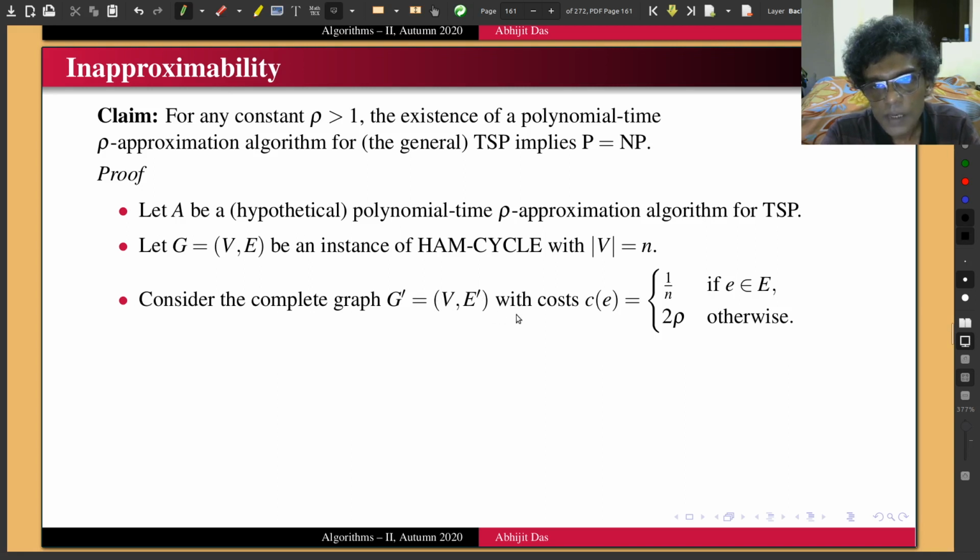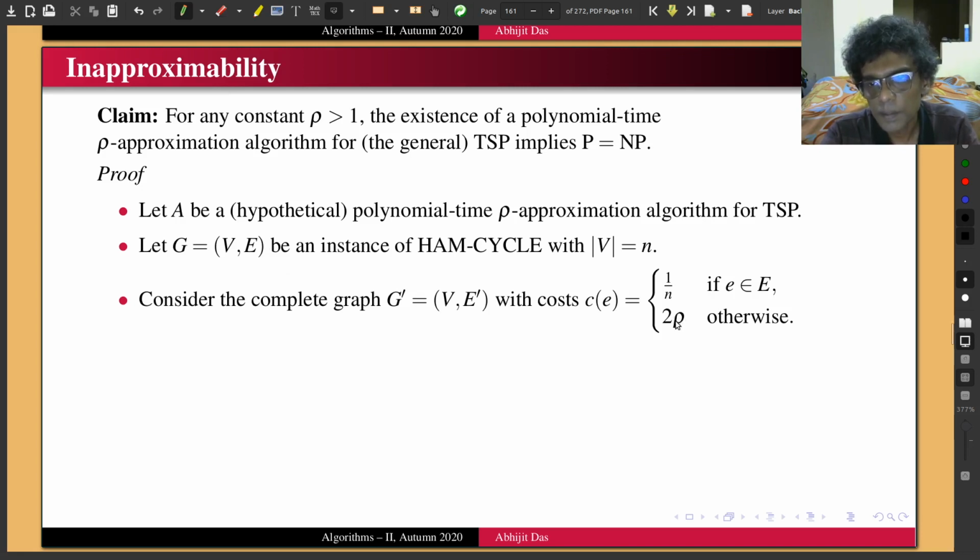And now I will take a cost function like this. If e is an edge in E itself, then I will take the cost of that edge to be 1 over N, N is the number of vertices. If e is not an edge here, then I will take its cost as 2 times rho.